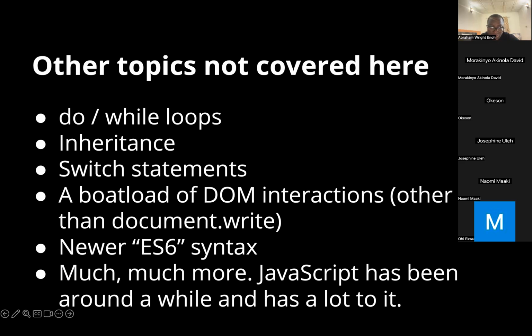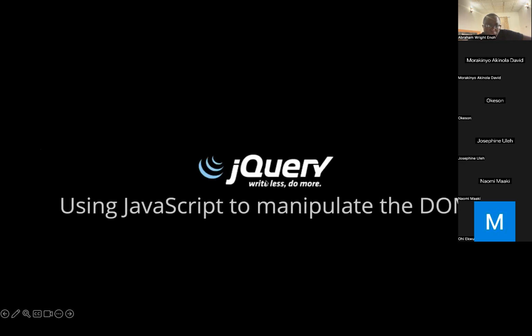Much more, because JavaScript has been around a while and has a lot to do. So jQuery is there, Ajax is there, ES7 is there, ES15, 16 is there. But at least now you know what JavaScript is like.